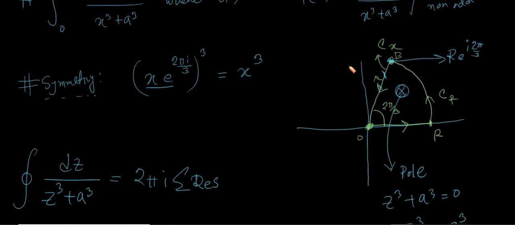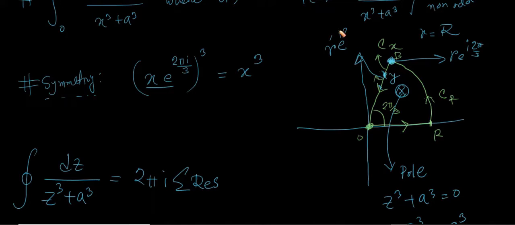And along this line, instead of capital R, use small r so that you don't get confused that it is indeed a variable, at any point, not just this one. Let's say you want to take this point, this can also be written as r prime e to the power i 2 pi by 3, because when you are at point B, this small r will be capital R. However, when you are at, let's say, this point, here the value of r will be different, so that's why I'm using the small r prime.